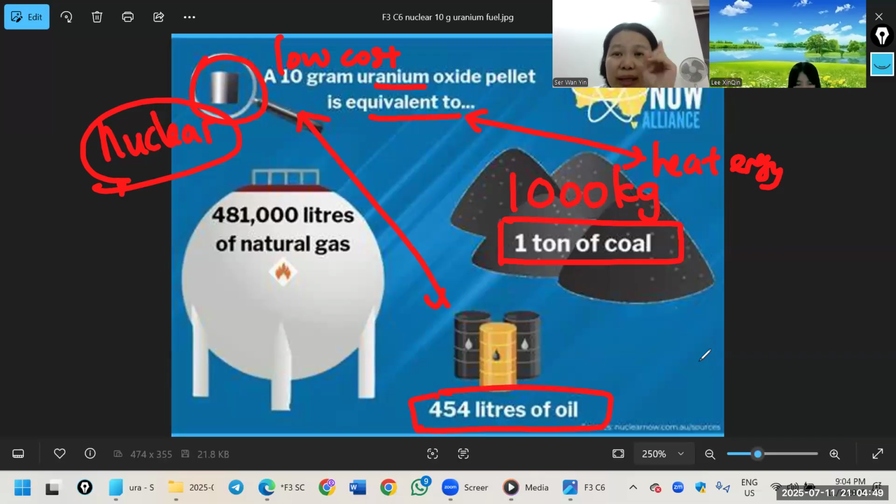Do you know one car only needs around 27 liters of oil? So this can fill around 20 cars. But how big is 10 grams? Okay, your stapler bullet. One stapler bullet in size is equivalent to the heat energy produced by all of this. So consider it saves cost.